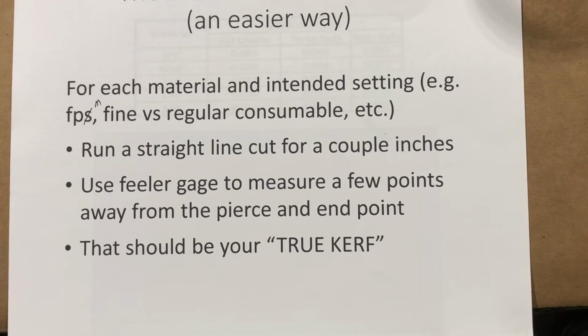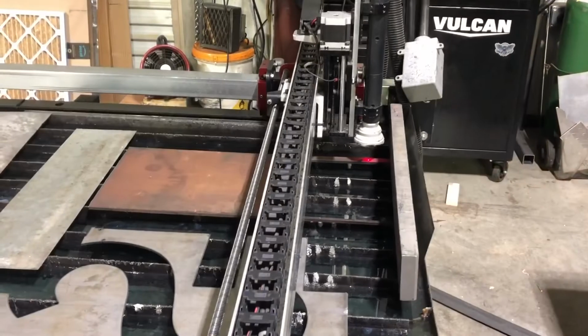And this goes back to our bevel issue. So now, trying to decide, do I try and figure out what the torch side is and use that as my measurement, or do I use the back side, which is what I can get a feeler gauge through? And you'll see the difference here in some of the data.